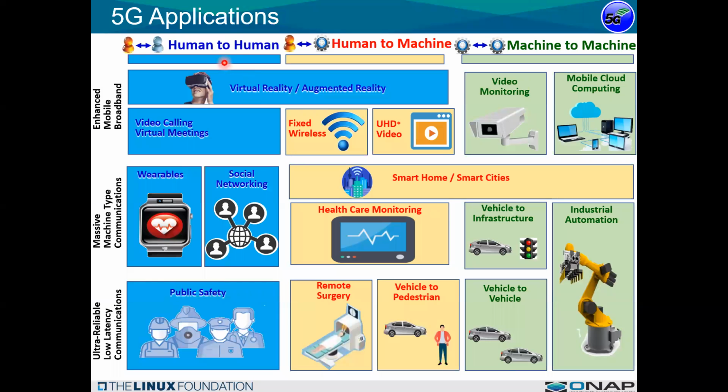So we can think about these in human-to-human, human-to-machine, and machine-to-machine interactions. The three big ideas are enhanced mobile broadband, massive machine type communications, and ultra reliable low latency communications. With human-to-human, there is the concept of virtual reality and augmented reality, where you can simulate something or enhance your current reality.